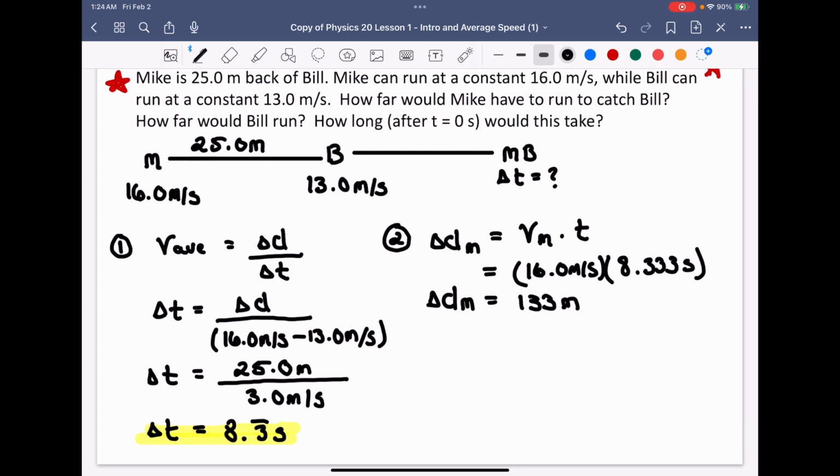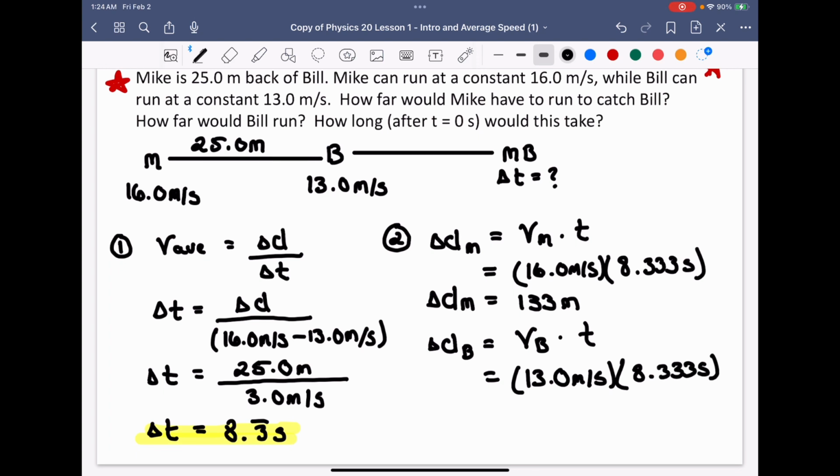Okay, now we want to do the same thing for Bill. We go change in distance for Bill is equal to his speed multiplied by the time it takes for them to reach each other. Therefore, this is going to be equal to the slower speed, which is Bill's speed, multiplied by the time, and I'm going to use a very similar decimal place, so 3 threes because it's repeating, and therefore I get a distance by Bill when they catch each other of 108 meters.